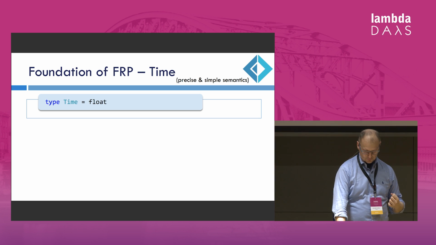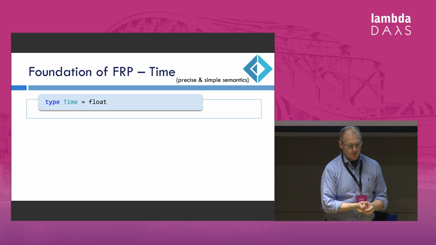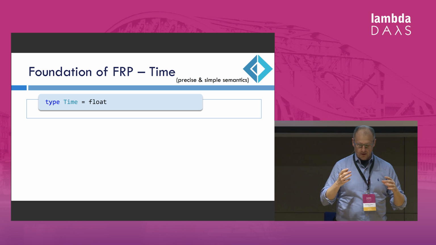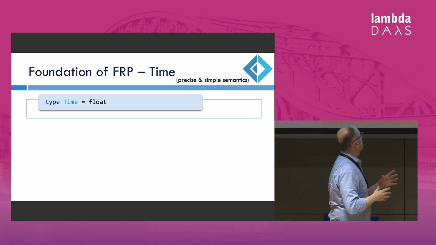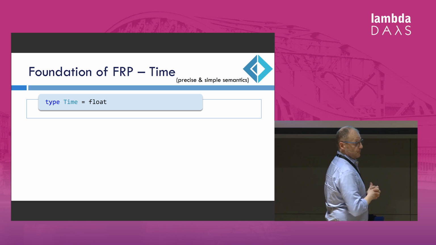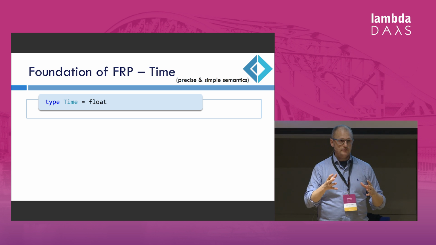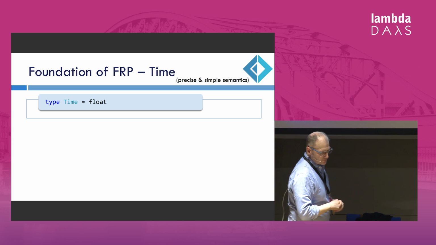All right, so let's finally start to build our domain. FRP is implemented by different data types. The first one is time, which covers the domain of the real numbers, which in F# is float.